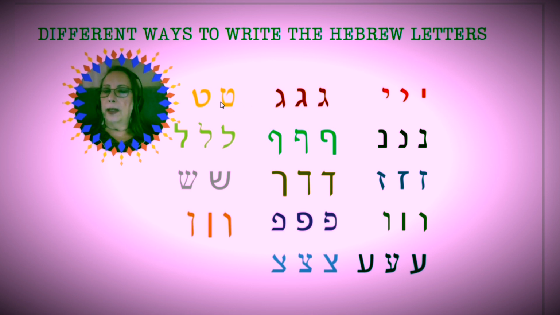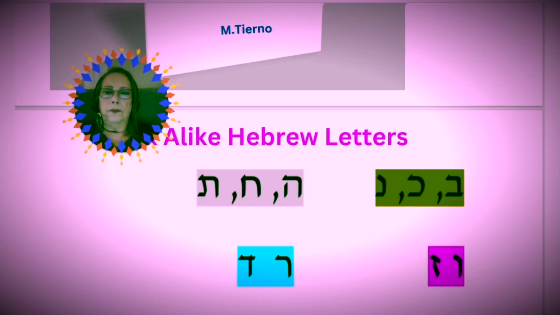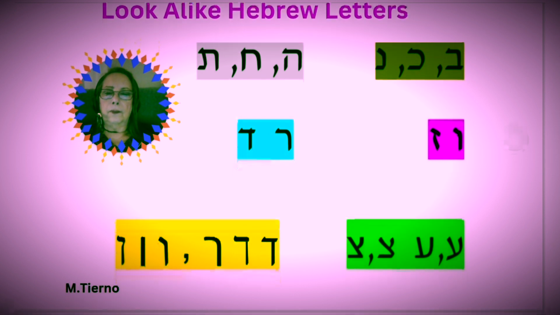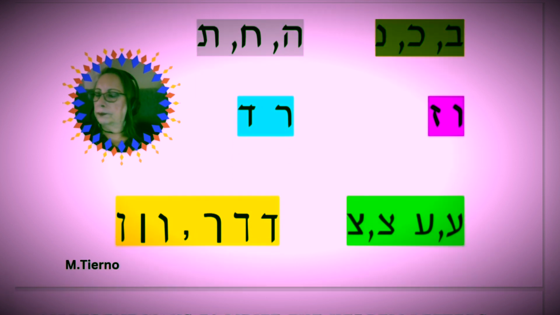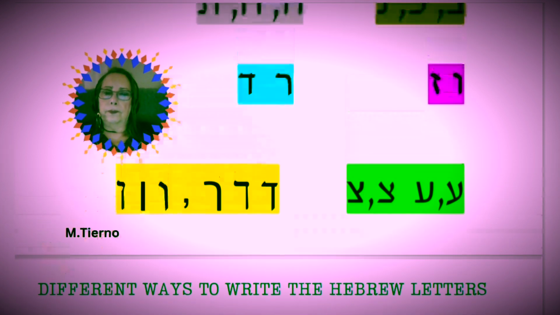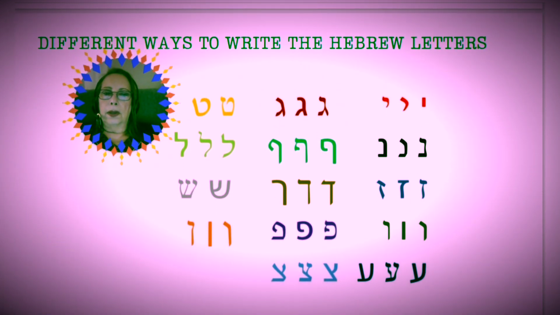Now remember, I had shown you the Tav. Let's see how that Tav looks. Look at that. Okay. That's the top. It has a little tail. Well, guess what?